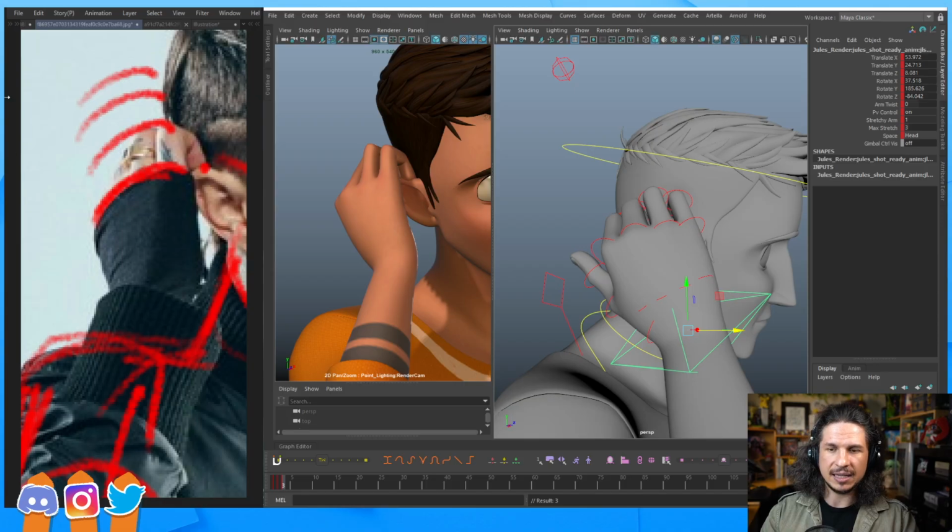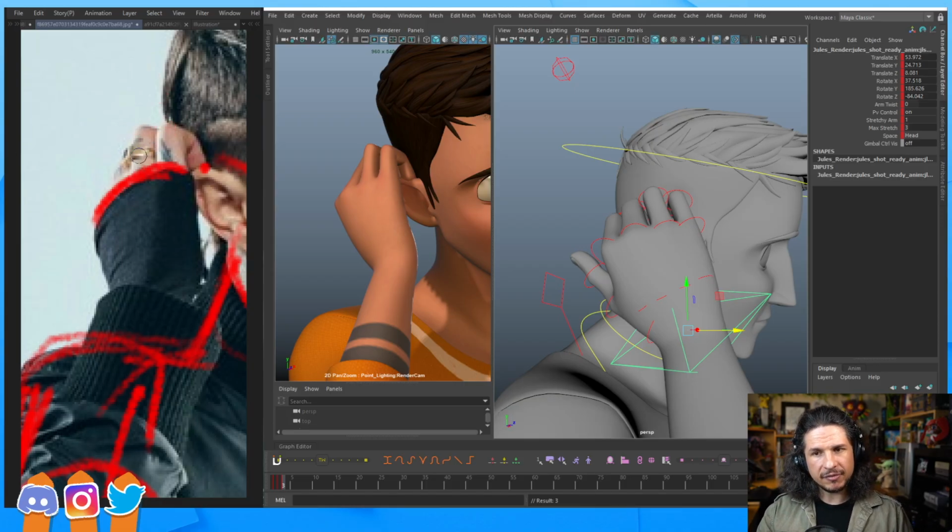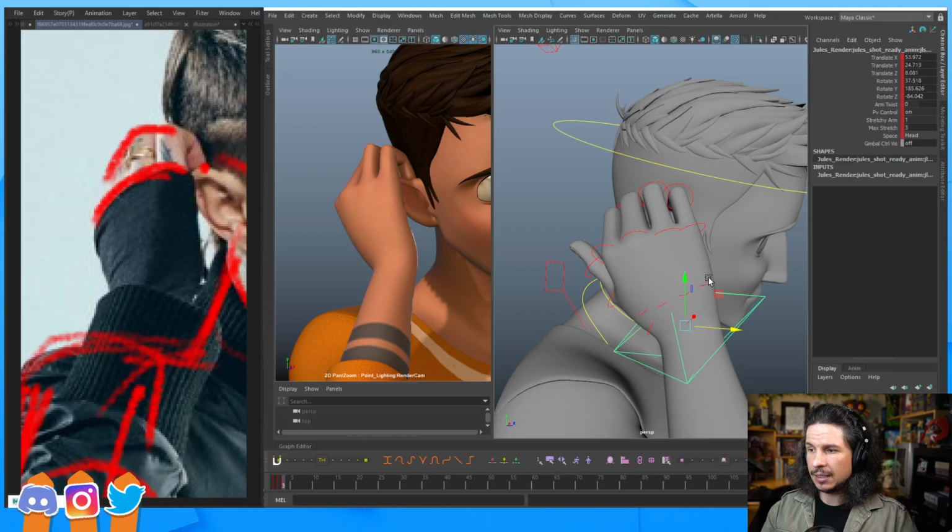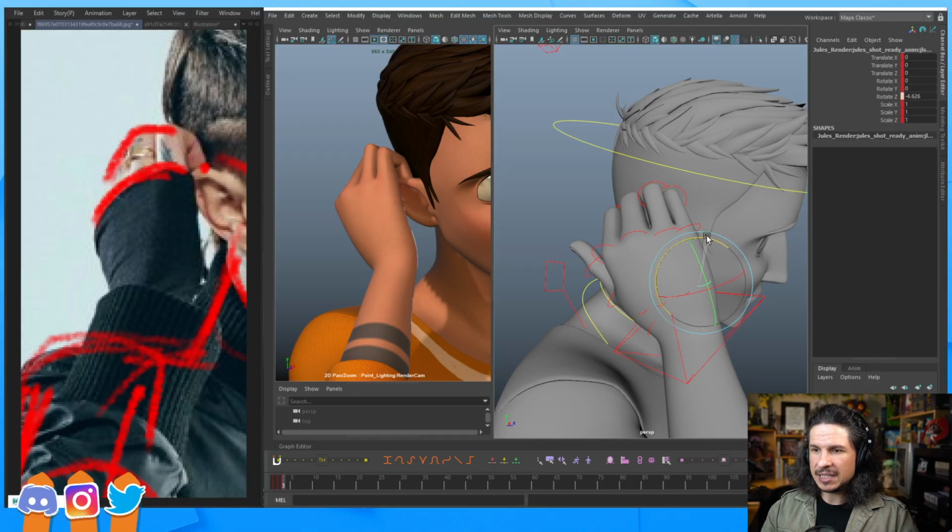But if I look at my reference, I can go, oh no, wait, there's more to that. And I can take that element and enhance it, make it stronger in my actual shot. And it gives me something to base it off of that's based on real life.